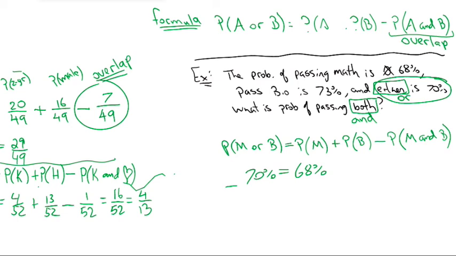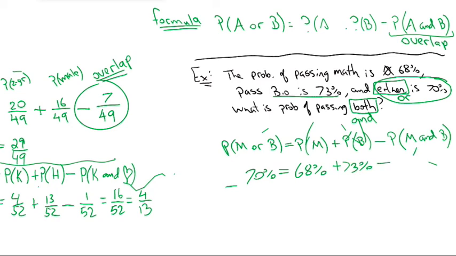I'm plugging in numbers into the formula. Probability of math or biology is either or, which is 70%. The probability of math is 68%. The probability of biology is 73%.